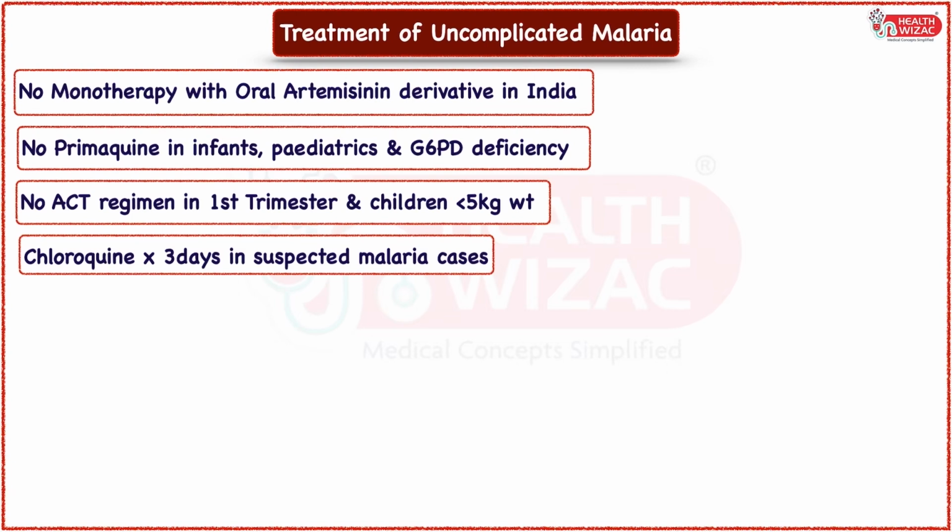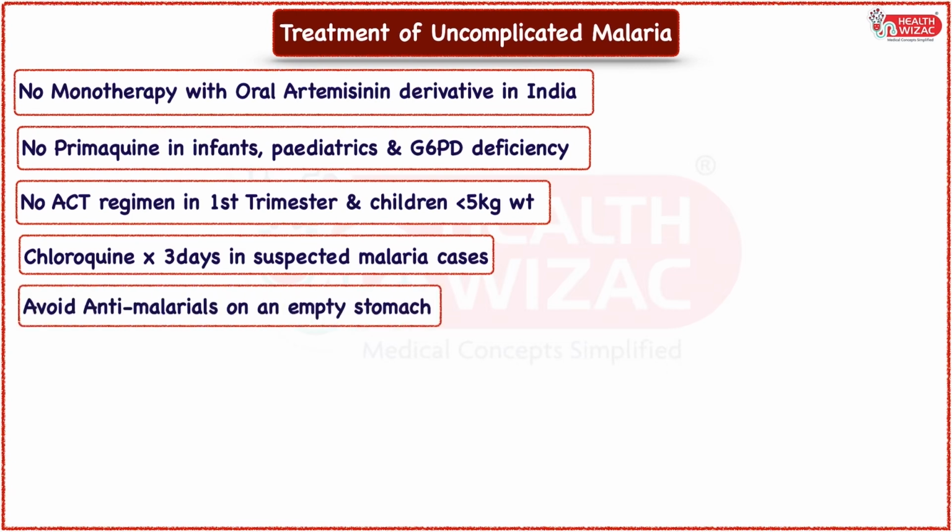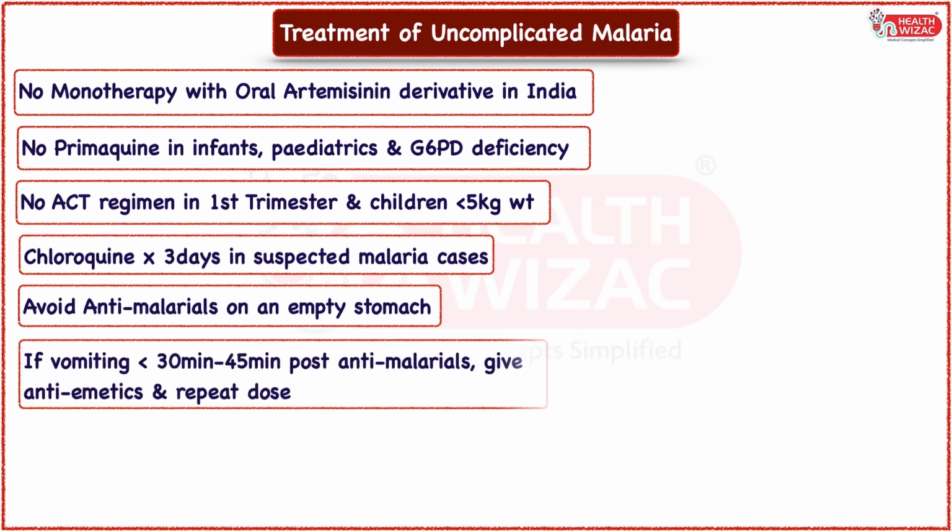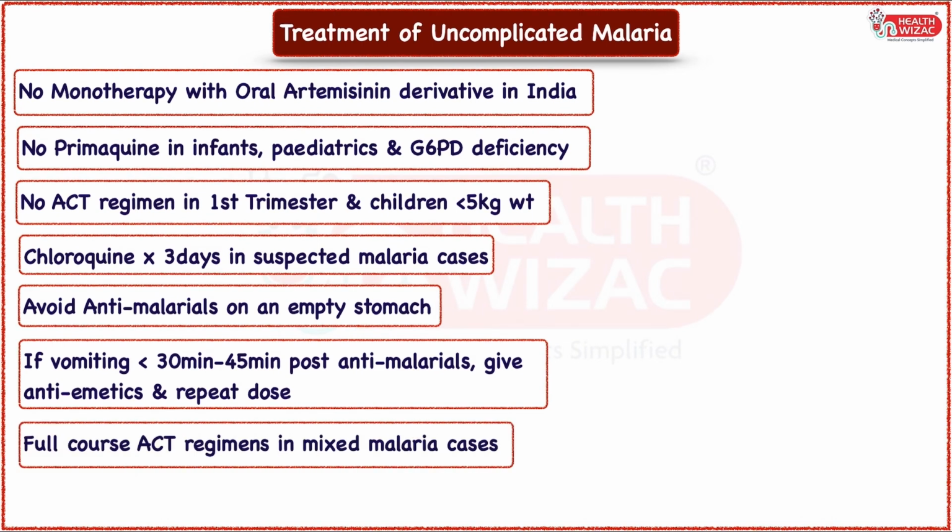As far as possible, avoid starting treatment with antimalarials on an empty stomach. If the patient vomits within half an hour to 45 minutes after the first dose of antimalarials, then antiemetics like ondansetron or domperidone are to be given first, followed by a repetition of the antimalarial dose. All mixed infections, that is suggestive of both P. vivax and P. falciparum, should be treated with a full course of ACT regimens as discussed earlier.